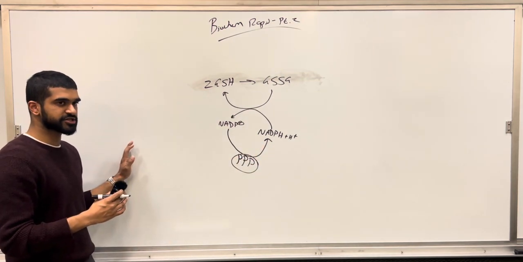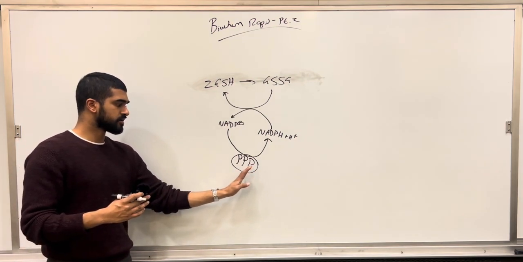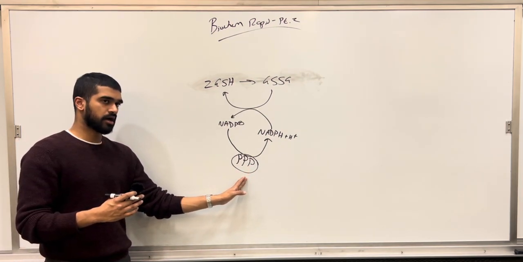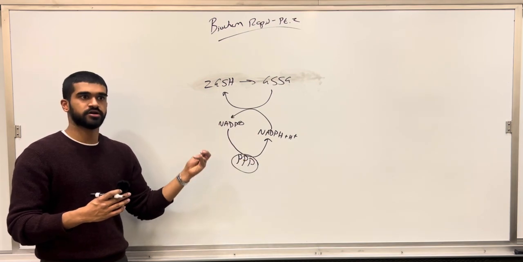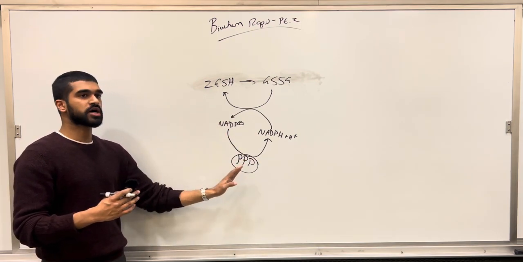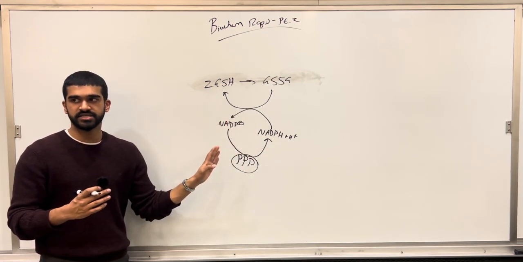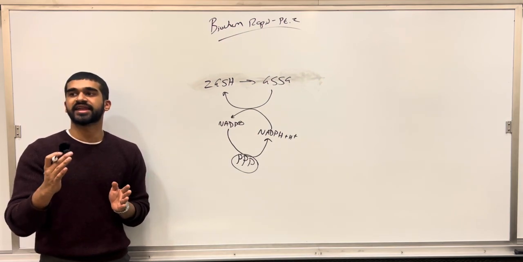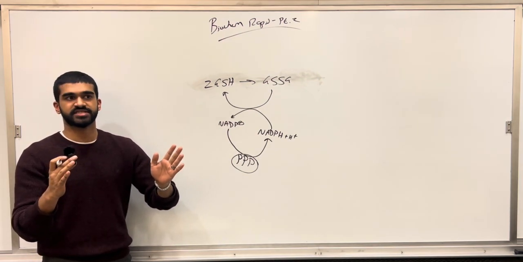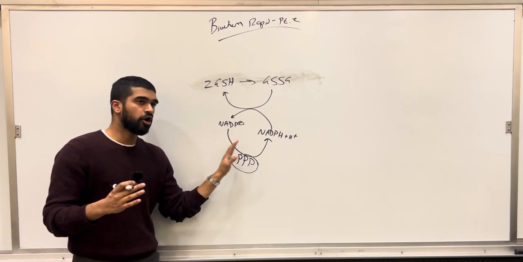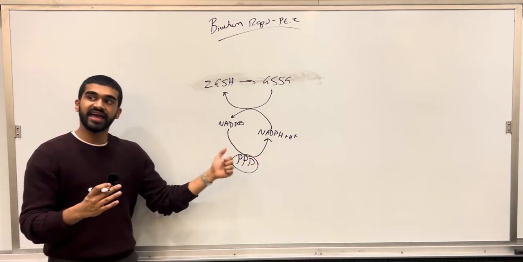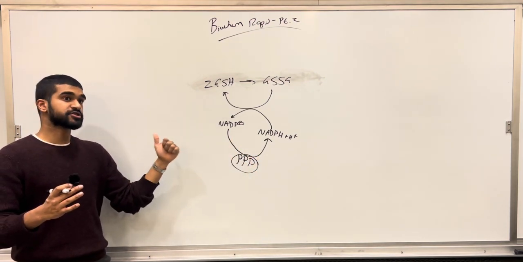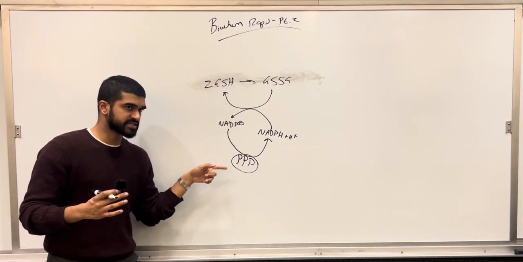Because if energy production, energy breakdown, and cell production, like cell turnover, nucleotide synthesis, were coupled by the same reagents, then they would both follow the same schematic. They would both move in the same direction at the same time. But there are certain times that you have to halt cell growth and keep churning out energy, and there are certain times you have to halt energy and churn out cell growth.